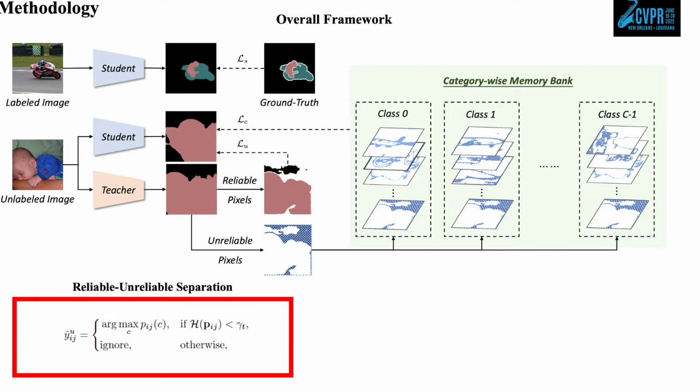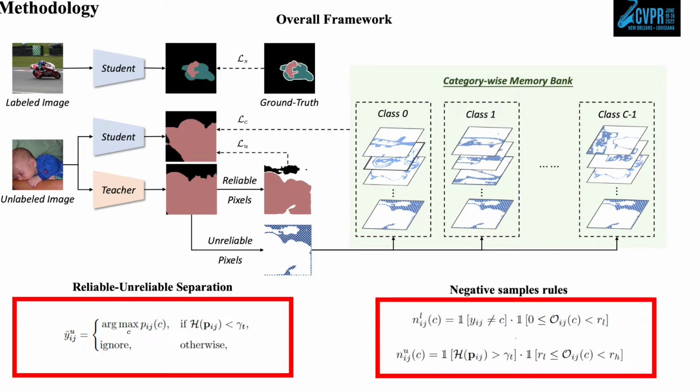The reliable predictions are directly used as the pseudo-labels to advise the student, while each unreliable prediction is pushed into a category-wise memory bank. Pixels in each memory bank are regarded as the negative samples to the corresponding class following these rules. To avoid all negative pseudo-labels only coming from a subset of categories, we employ a queue for each category.